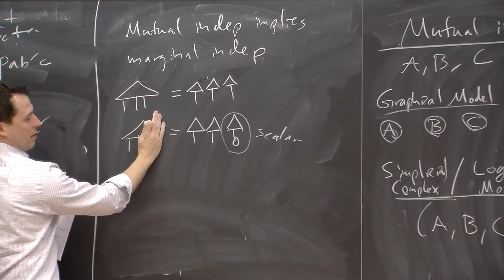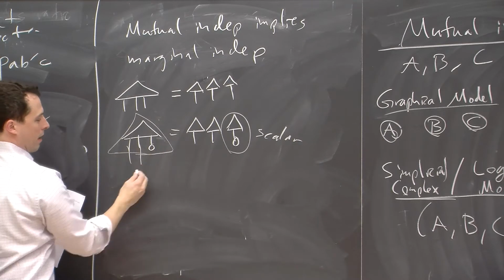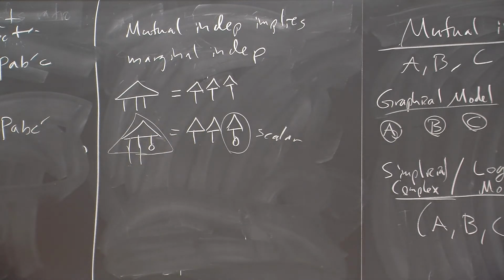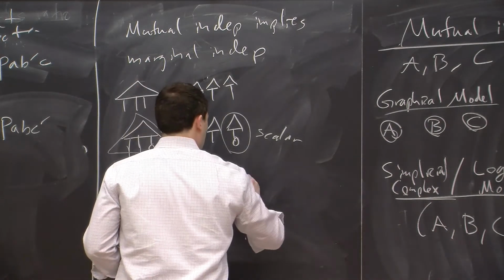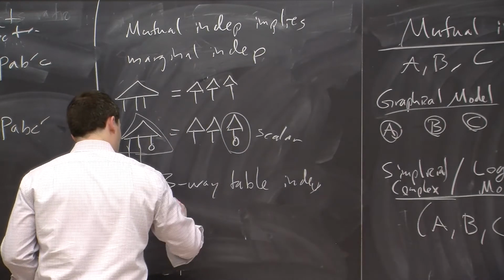So this says this thing, ignoring this piece, is some bigger guy. It has two factors. It's independence. That's a way of saying that mutual independence implies marginal independence, i.e. if the three-way table is independent, so are its marginals.